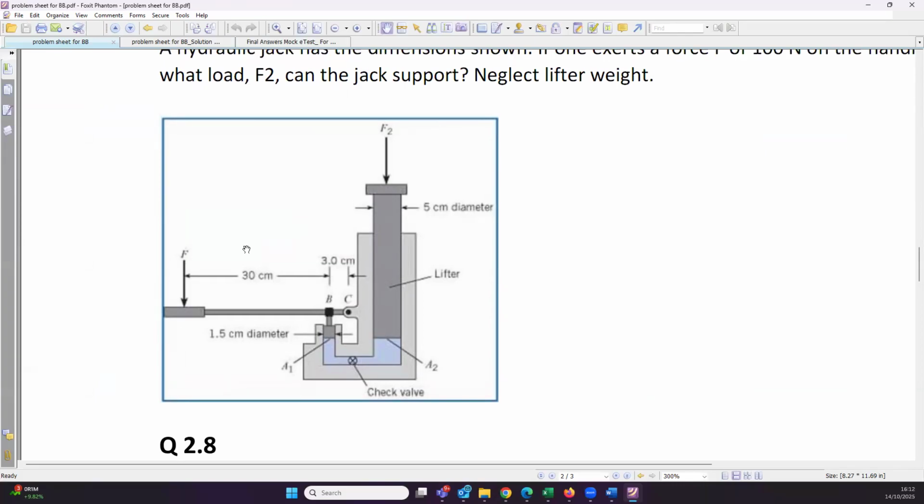So what we have to do to solve this question is use the Pascal law to calculate the force at point B, okay? To solve for the pressure at point B, we need to calculate how much force or movement this lever is creating.